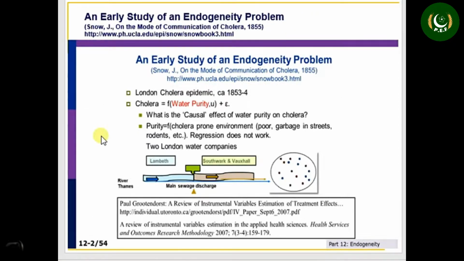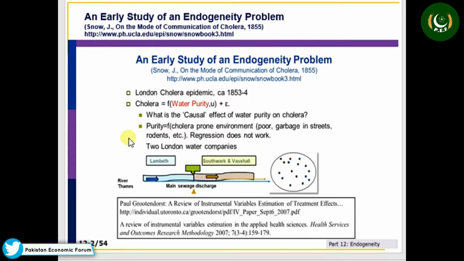In the mid-19th century, there was a prevalence of cholera, and there is a story of the London cholera epidemic. So, is cholera a function of water purity? But water purity in itself is related with your poor environment, with garbage in streets, rodents, and many other things.